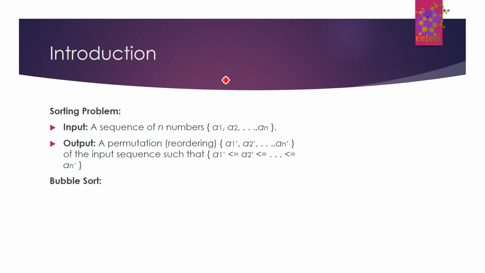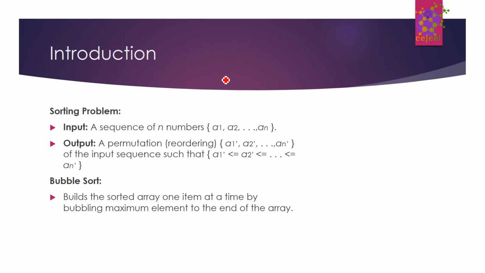So coming to bubble sort now, what type of algorithm is bubble sort, and what strategy does it use? Bubble sort, like other simple algorithms which you might have already seen, namely insertion sort and selection sort, which are discussed in other videos if you want to look at them, builds the sorted array one item at a time.